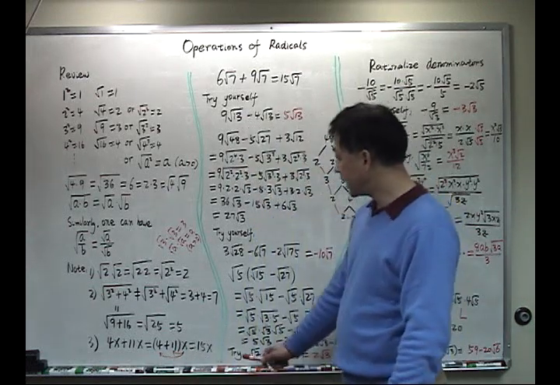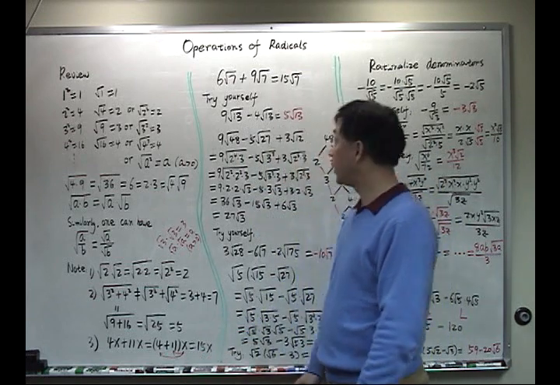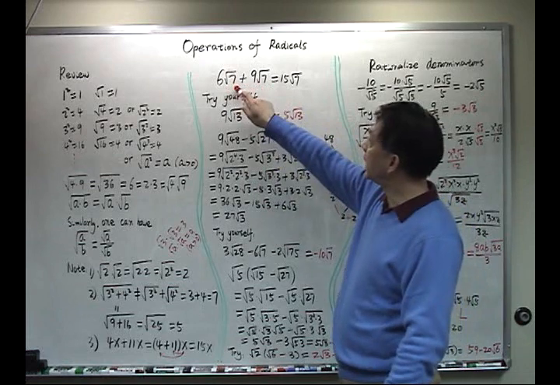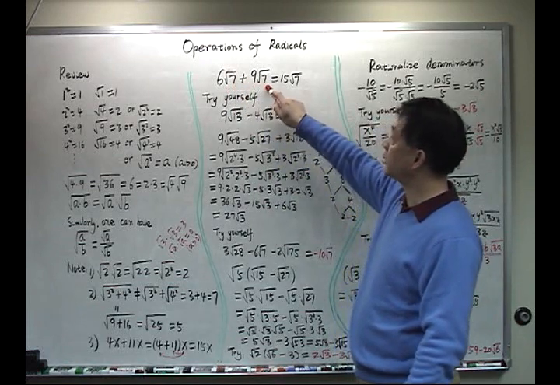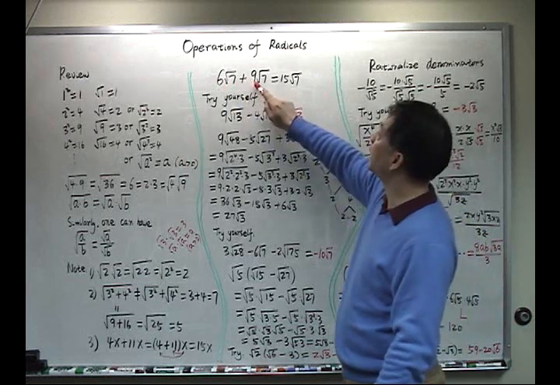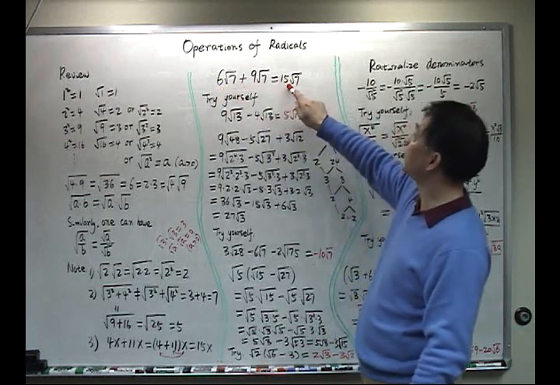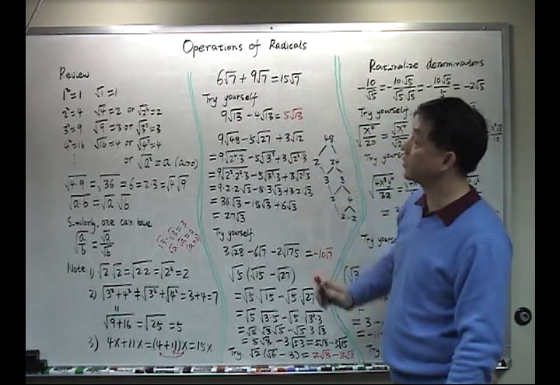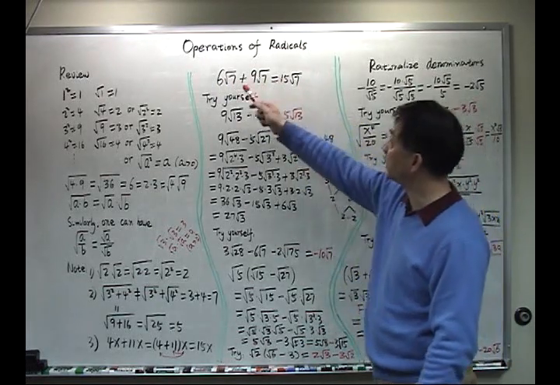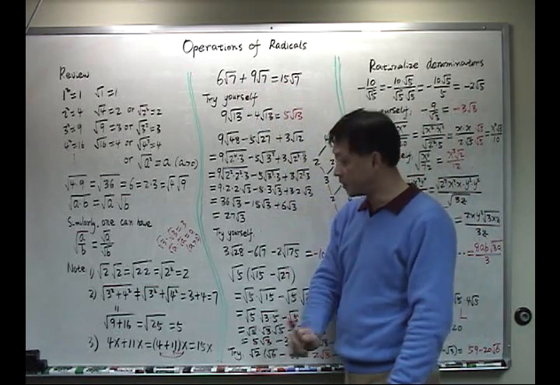Alright, with this in our mind, our first operation is addition. For 6 radical 7 plus 9 radical 7, you only need to add 6 and 9, that's 15, and put radical 7 behind it. You don't add the radical 7, for the same reason.